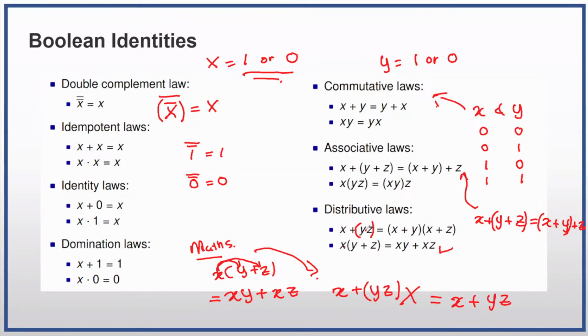You can see y dot z is a single term, and you can distribute it using the plus sign, the OR. So in Boolean, you can express this as x plus y, and the product inside is similarly kept outside, and then x plus z.